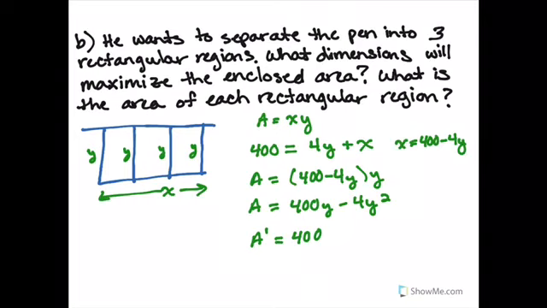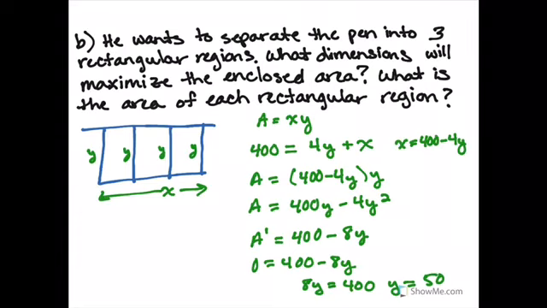Derivative of negative 4y squared is negative 8y. Set it equal to 0 to find the critical points. If I add 8y to both sides, I get 8y equals 400, and y equals 50 feet of fence.